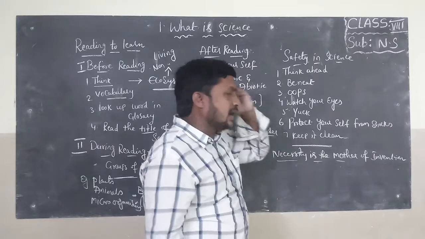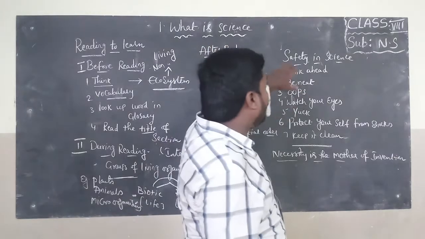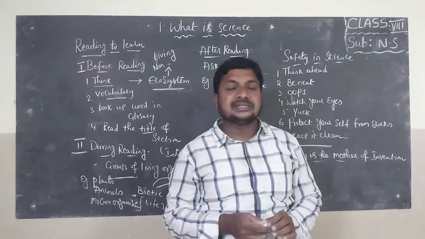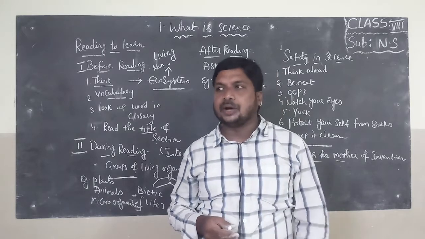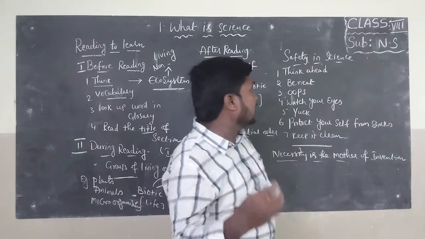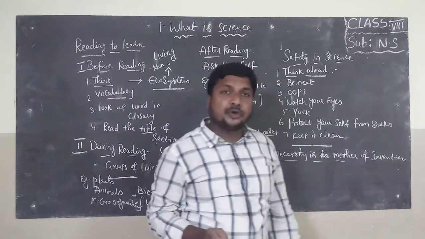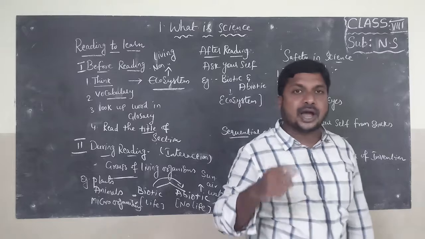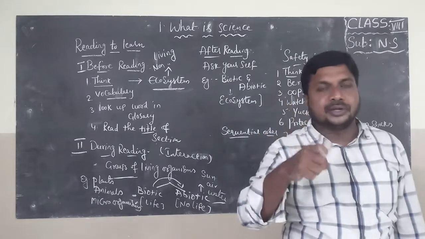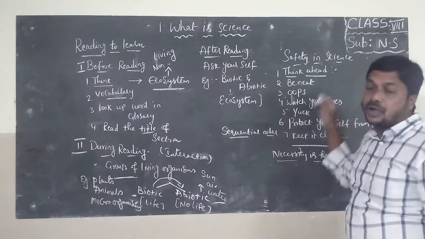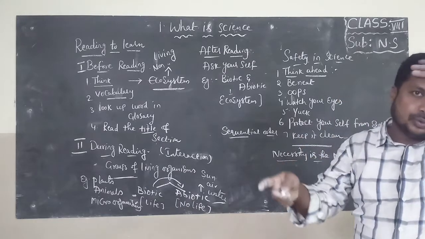So if you want to conduct experiments, you have to follow some safety precautions to observe and to discover anything. The first safety precaution is think ahead. If you want to do any experiment, first you have to observe what you have to do in a science lab. That is think ahead. You have to think what you have to do.